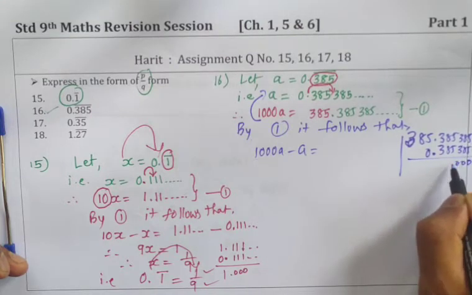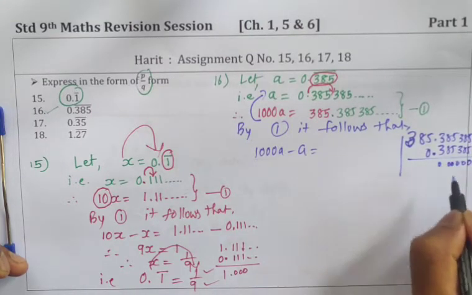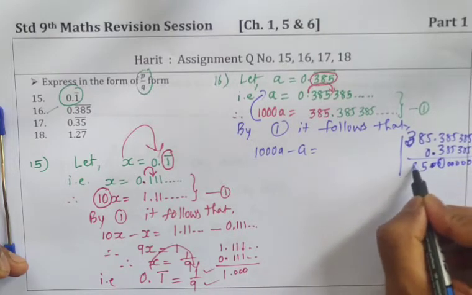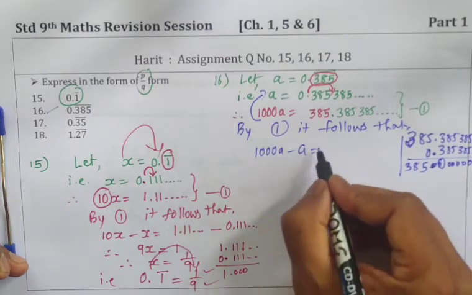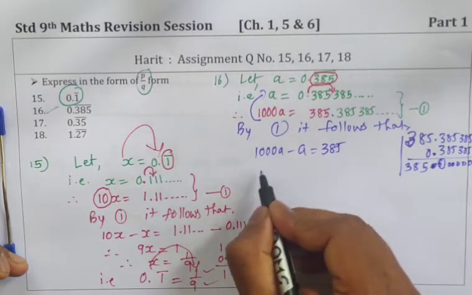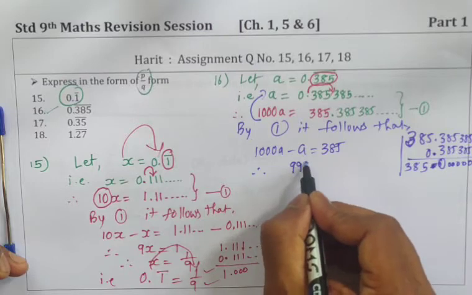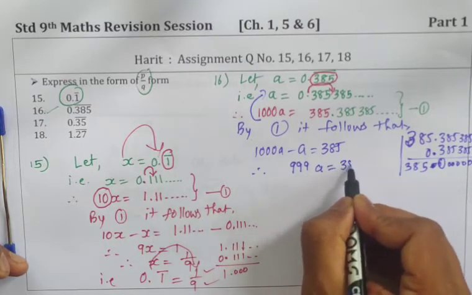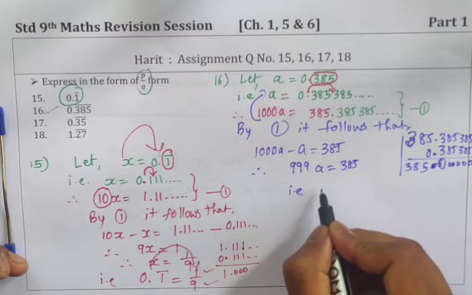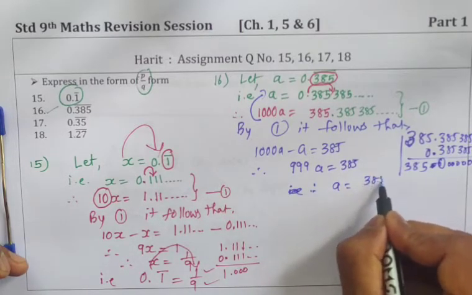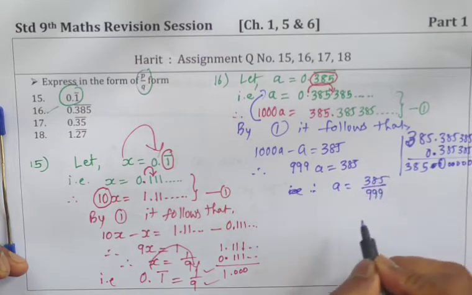This will be 0 0 0 0 0, correct? That is 385. Therefore 1000a minus 1a is 999a, which is equal to 385. Therefore a is equal to 385 upon 999.